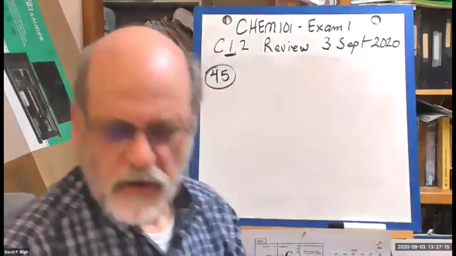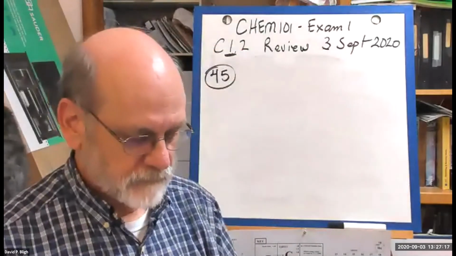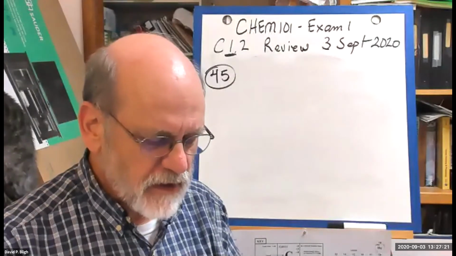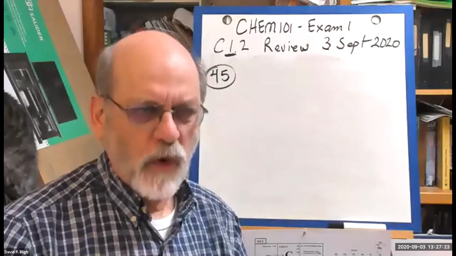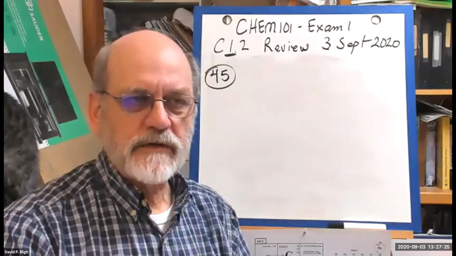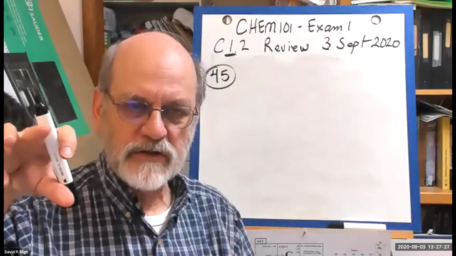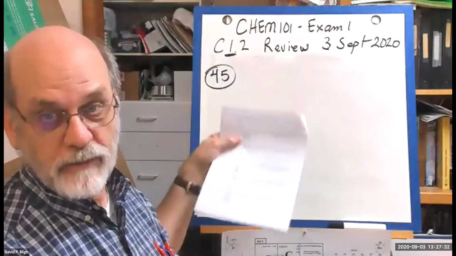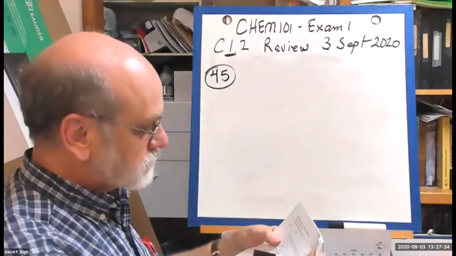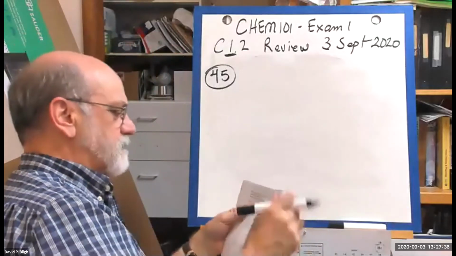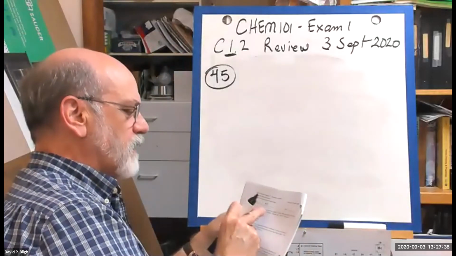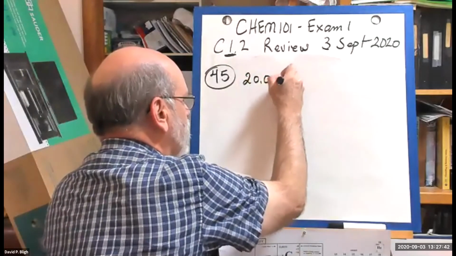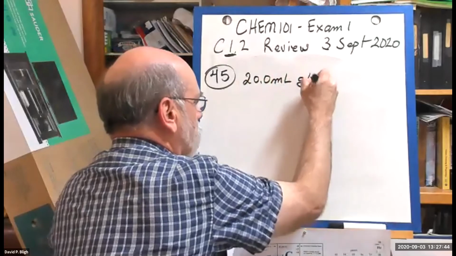Okay, so here you have a word problem. With word problems, what I like to do is pull out the information that's given and put it on the whiteboard. So we're given a 20 milliliter sample of glycerol. 20 milliliters of glycerol.